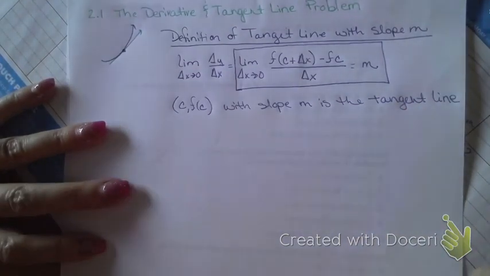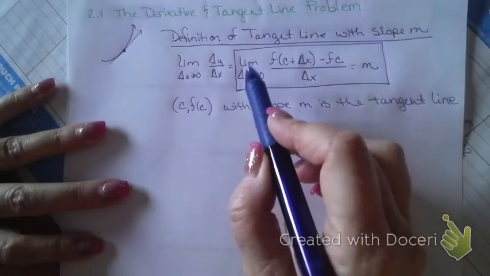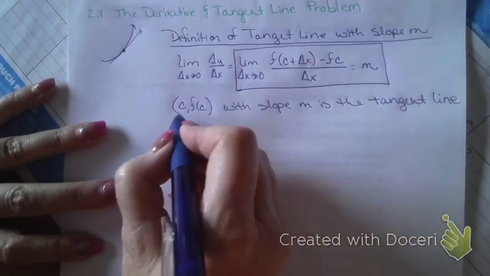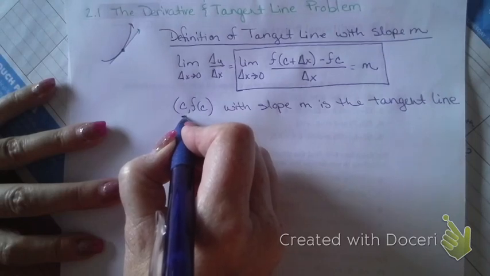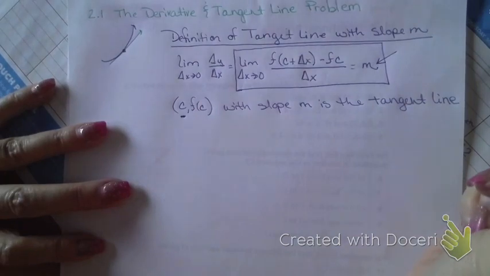So we are going to do this problem, and then at the end we are going to plug in c, and then we will have the slope.